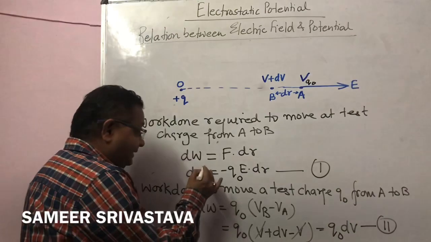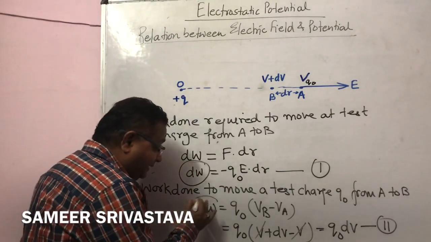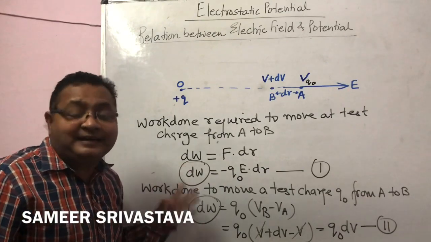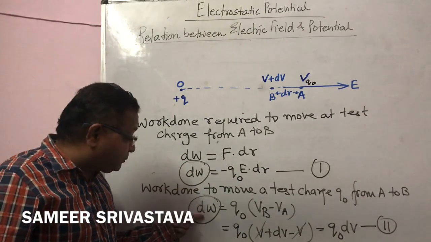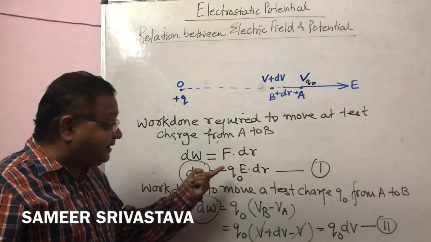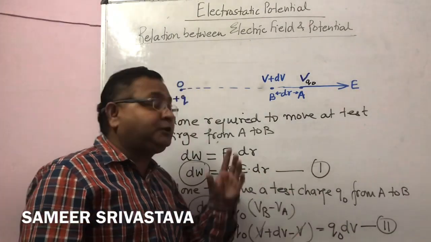Now here, equation number 1 and equation number 2 both express the amount of work done required. So we equate equations 1 and 2.